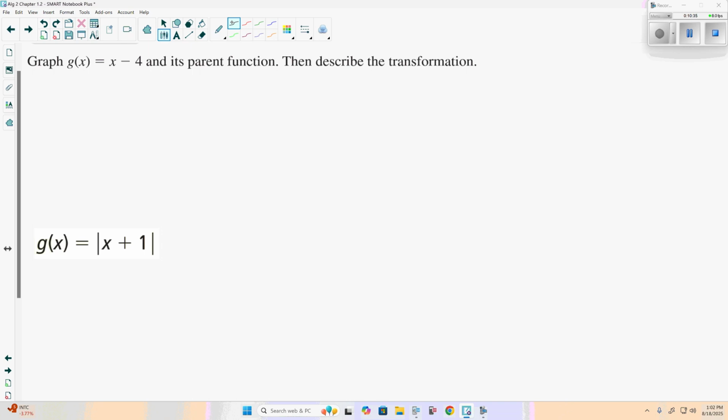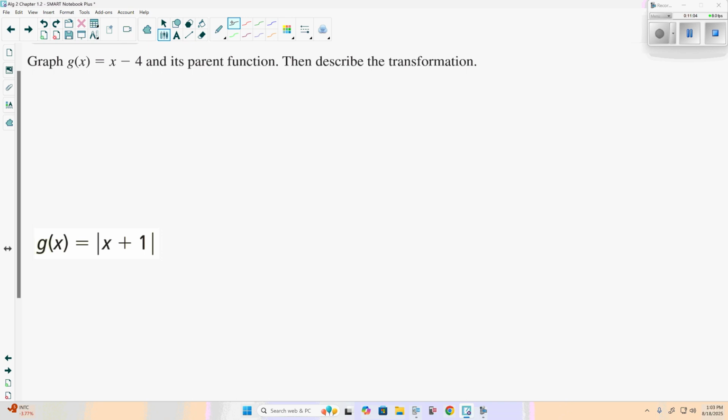It's not going to be constant, because constant is just a number, f of x equals 1 plus k. It just moves up or down. Because we do have an x, it's not constant. So it's going to be either linear, absolute value, or quadratic. Because x minus 4, is that going to be absolute value? Well, no, it doesn't have what? The absolute value bars. So it's not absolute value.